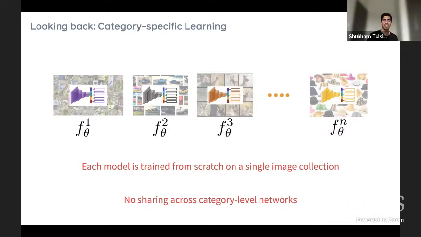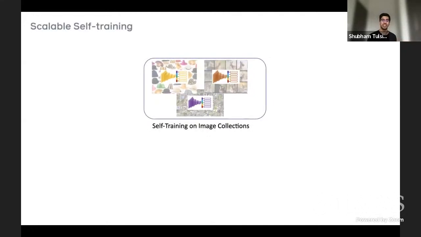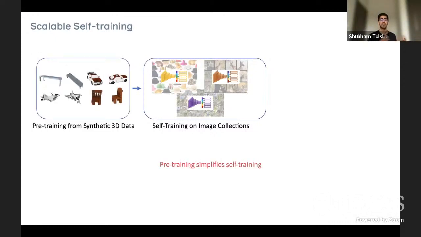And so in recent work that I'll very briefly gloss over, we looked at these assumptions as to whether we really need to train things from scratch and independently. And we actually just had two very simple ideas to improve the process of self-training. One is, instead of starting from scratch, we can have a model that starts from some pre-training on synthetic 3D data. And even if the synthetic 3D data is on a very limited set of categories that are actually rather different from, let's say, animals that we want to self-train on, this is actually sufficient to simplify the training process and actually removes the need for any regularizers.